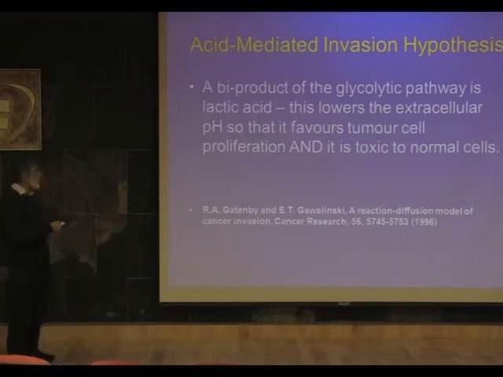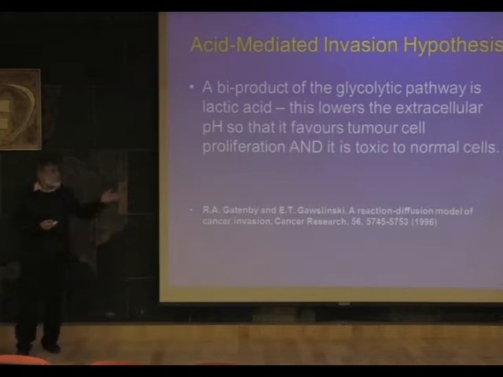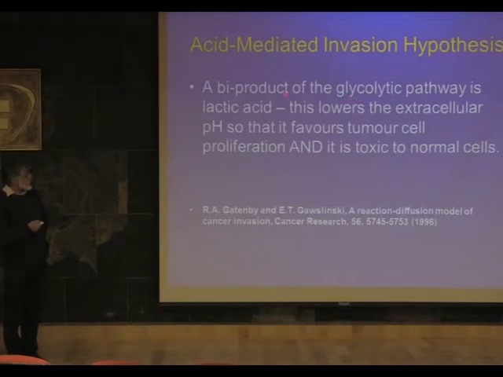So he asked the question, why is it that in many cases the tumor cells generate energy via the glycolytic pathway, and one of the byproducts of the glycolytic pathway is lactic acid.